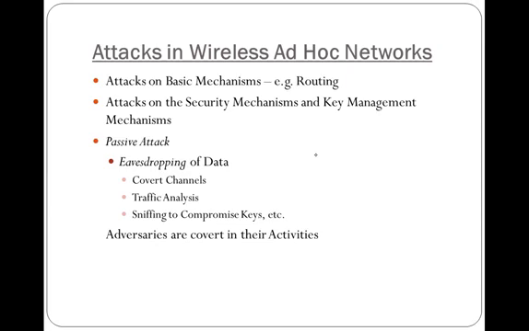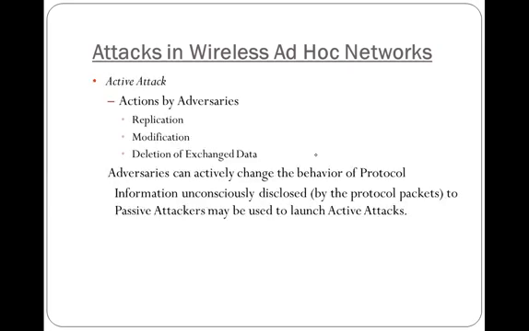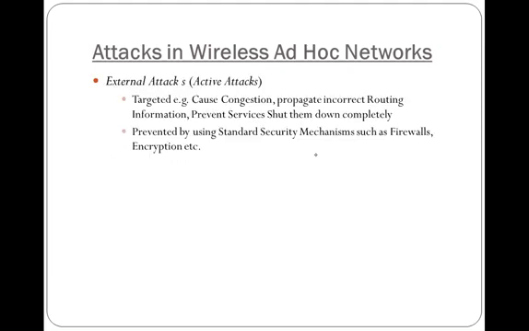Similarly, as we discussed about active and passive attacks, either you are only observing the information on the channel or on the link, analyzing the traffic, sniffing some confidential information, or you actually destroy them. So these are activities, for example replication, modification, and deletion of data, where the adversary actually takes certain action. The two major categories are passive and active attacks.